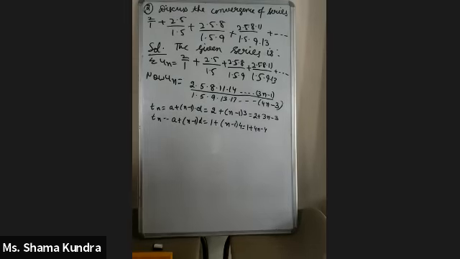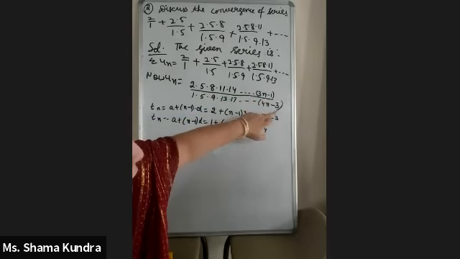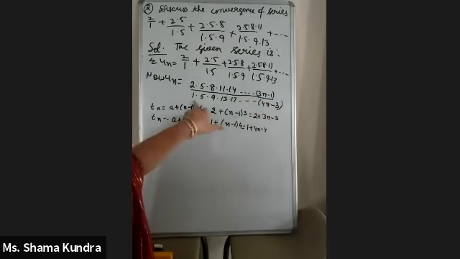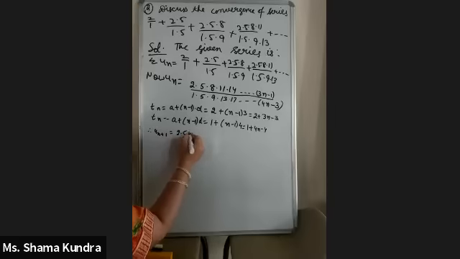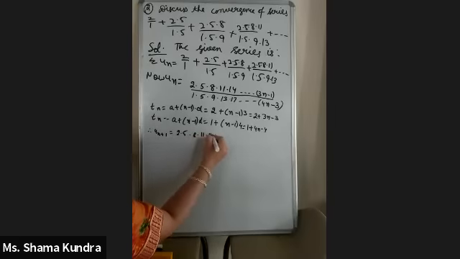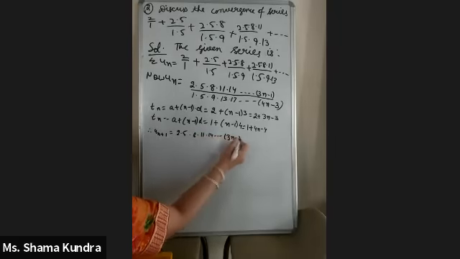This is un. Next step is to find un plus 1. For un plus 1, replace n by n plus 1. What we will get? In numerator, 2, 5, 8, 11, 14, 3n minus 1.